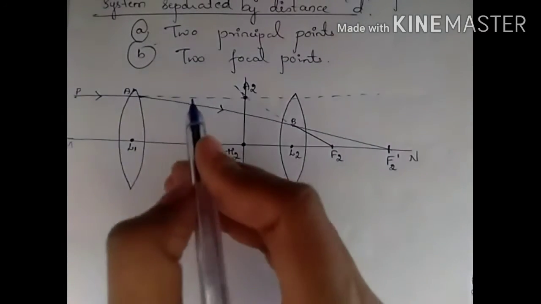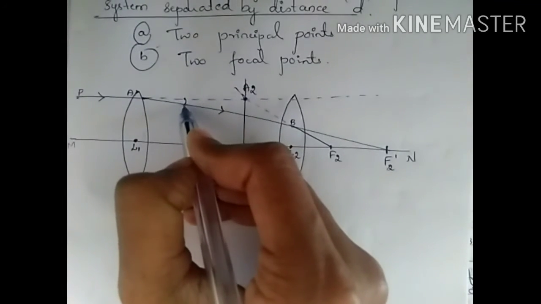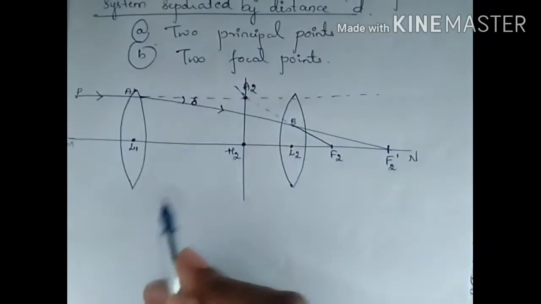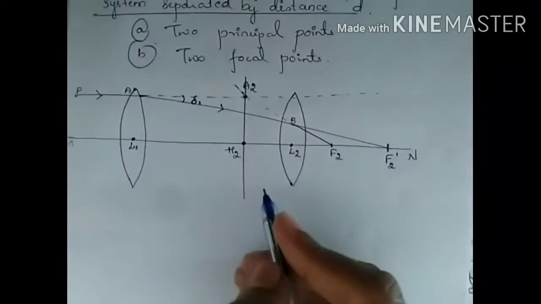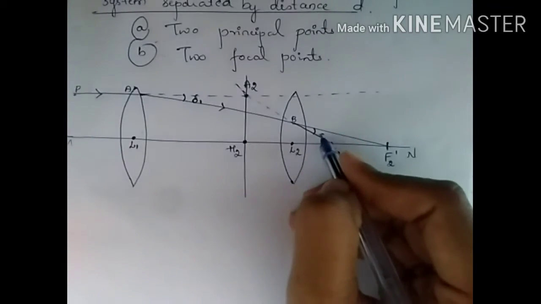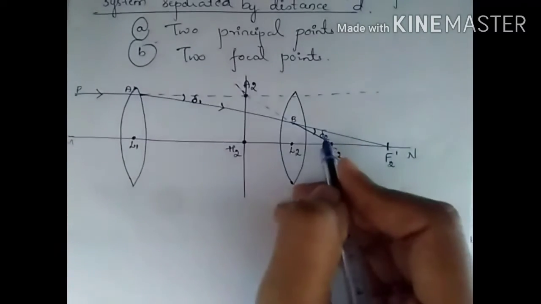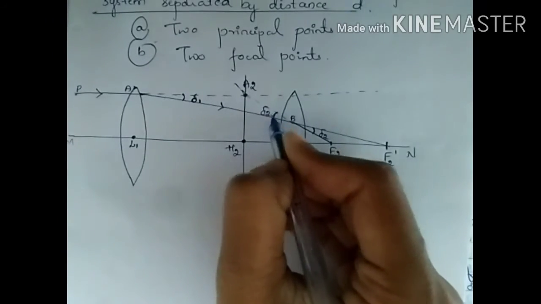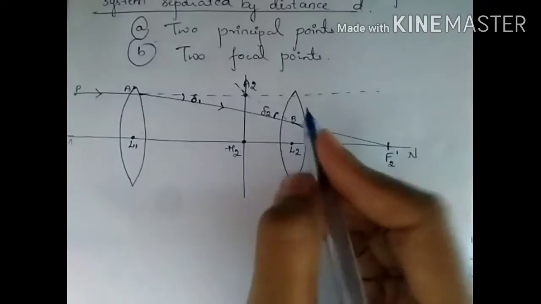Before that, we need to understand the angle of deviation for the incident ray. That is delta 1. And the angle of deviation for the emergent ray is delta 2. These two angles are opposite angles, so I can write this again as delta 2.